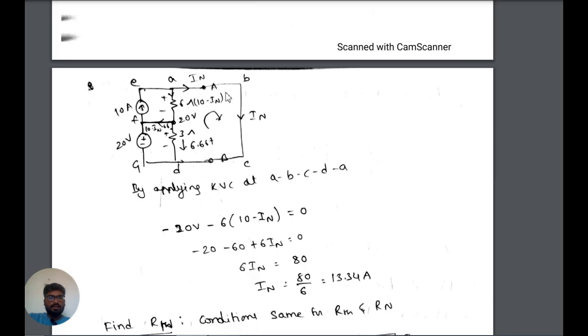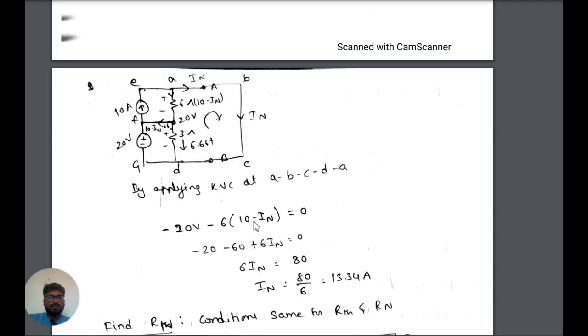at A, B, C, D and A in this mesh, what we get is minus 20. Minus 20 in the sense that the applied voltage here is the same as this, as these are in parallel. If you start from D, as there is no element here, going from down, the first term is minus 20.